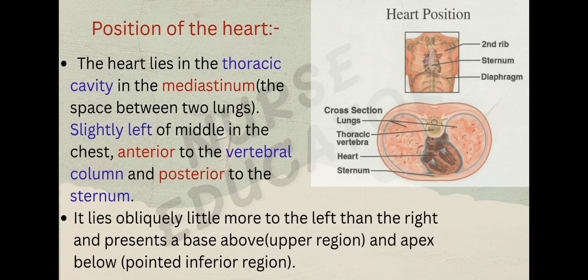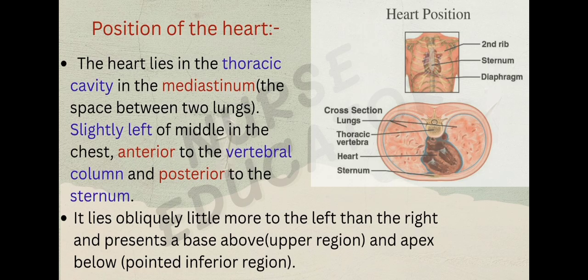The base of the heart is in the upper region, and the apex of the heart is below. That means where the diaphragm is present, there we can see the apex of the heart. It is pointed in the inferior region, in the sense the lower region.